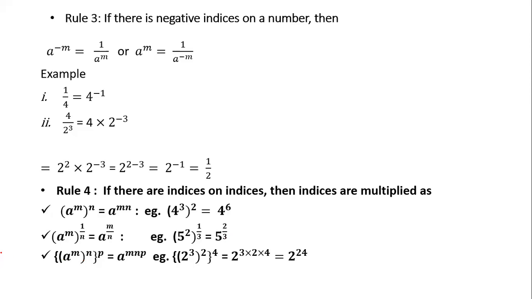If you have a power m or power n or power p, in the same way, we multiply all the powers to get a power m times n times p. An example of this: 2 power 3 or power 2 or power 4. That will be 2 power 3 times 2 times 4, the same as 2 power 24.